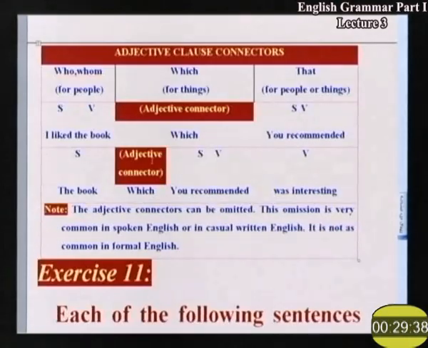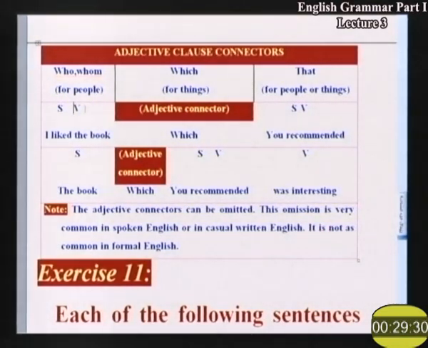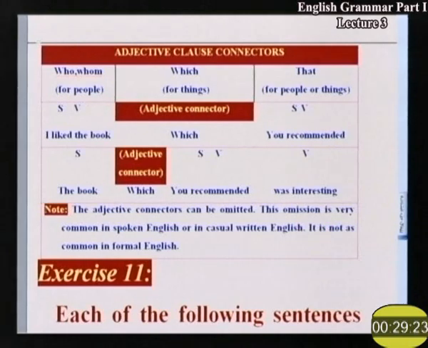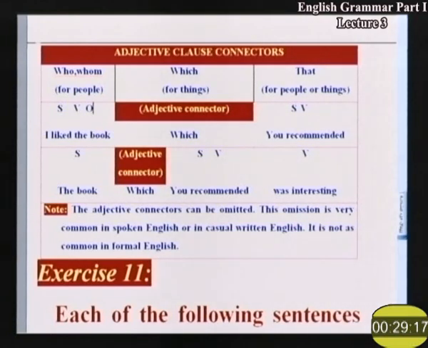Let's look at this sentence. I liked the book. I is the subject, liked is the verb, the book here is the object. Sometimes I have sentences without an object, but here I have an object. Let's mark O. I liked the book which you recommended.